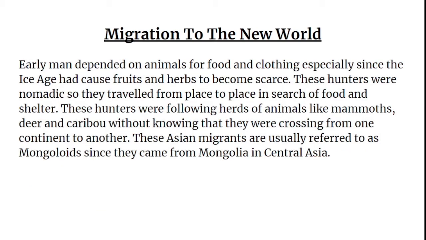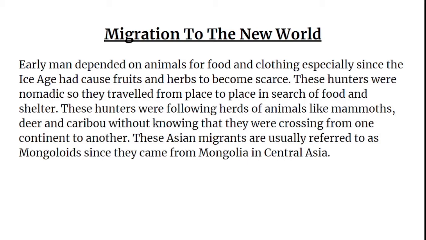Early man depended on animals for food and clothing, especially since the ice age had caused fruits and herbs to become scarce, right? So that's another thing because, as you know, if there's frozen ice all around us, then obviously the fruits and the herbs that come from the land become scarce, because when they try to grow, they can't grow because of the ice, right?